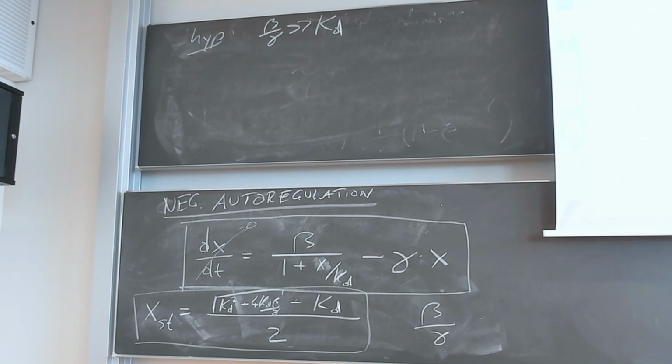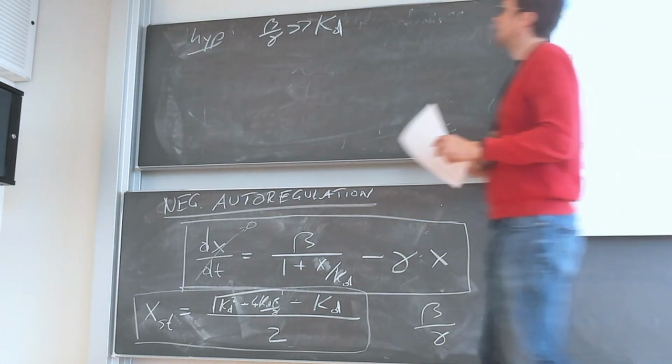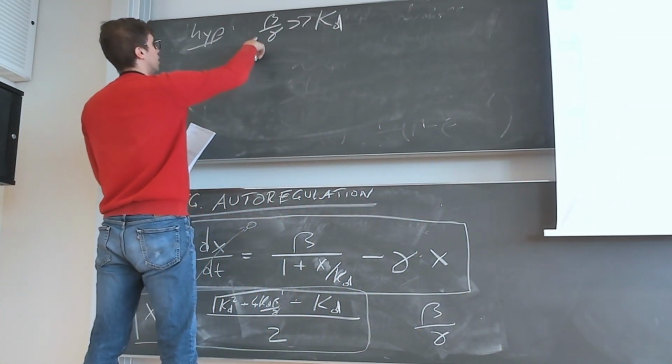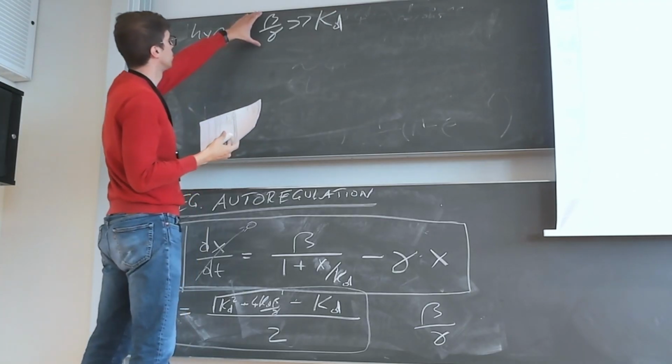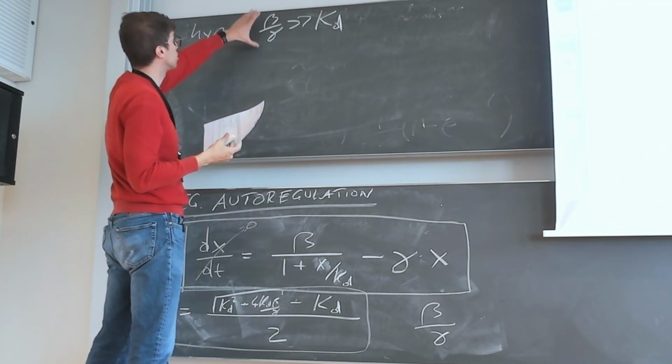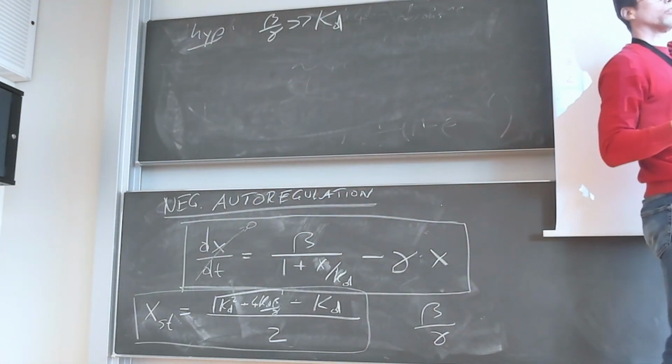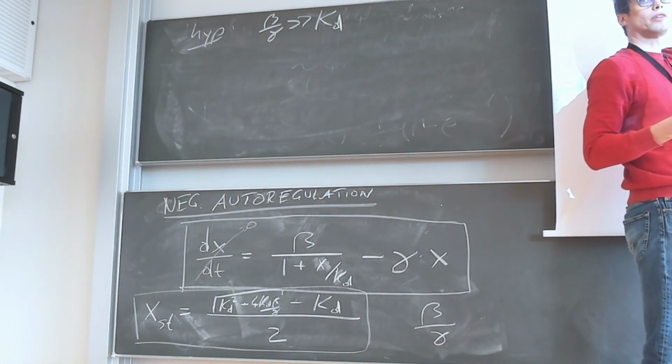This is not true. As soon as you hit kd, as soon as your denominator is 2, you don't completely stop production, but it's a good image to have. And so this would mean that the basal concentration, steady state concentration, beta over gamma would be much higher than what you would expect from this picture, really regulating down.